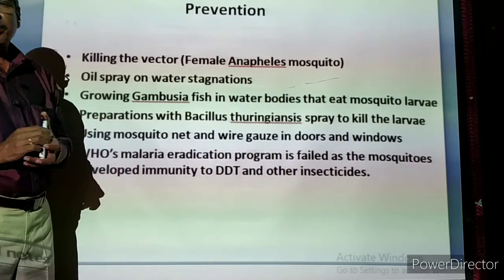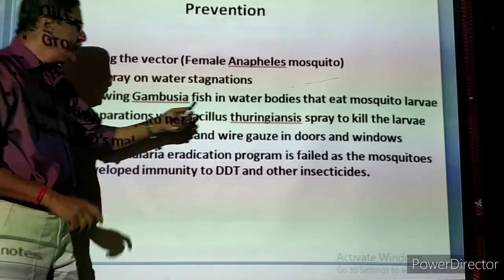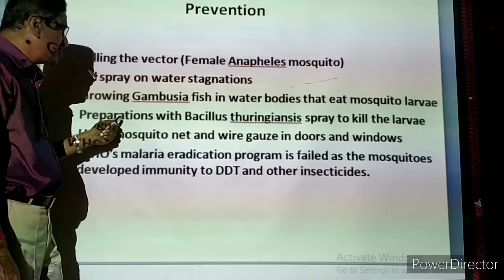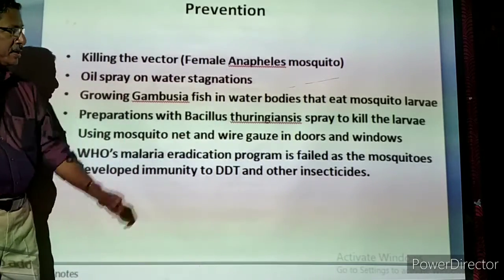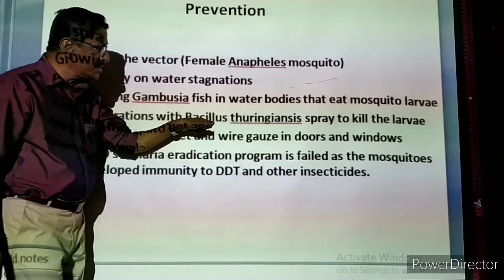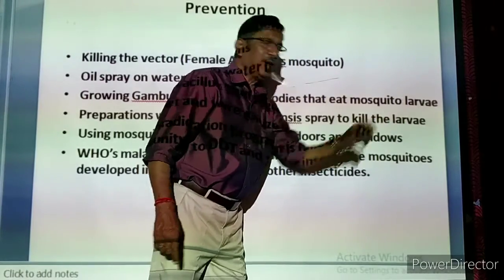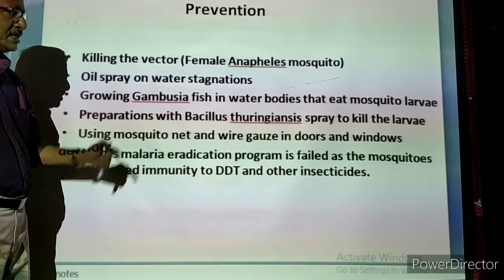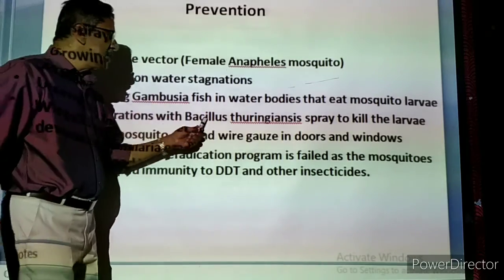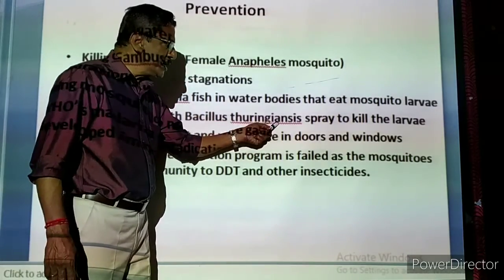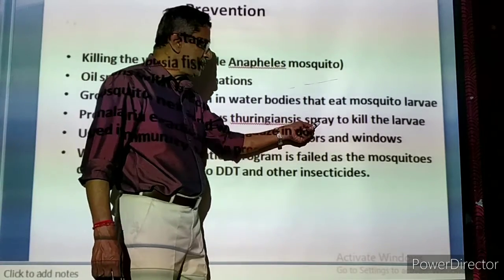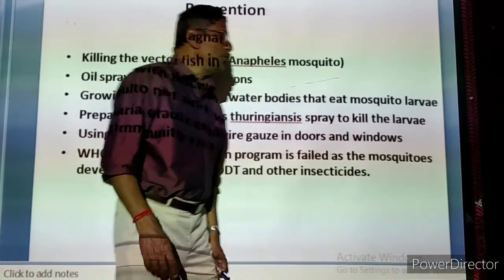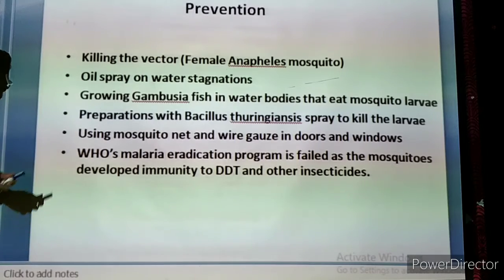Actually, it is not causing any problem for us. But when the bacteria are present in the liquid spray, it produces a toxin which kills only the larvae. It is a toxin for the larvae, not for humans, not for any other animal present in water. So the bacteria play an important role.